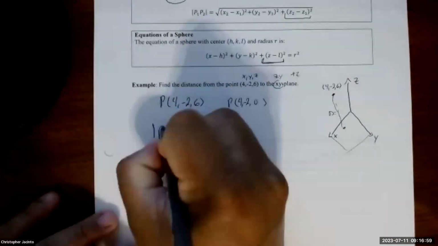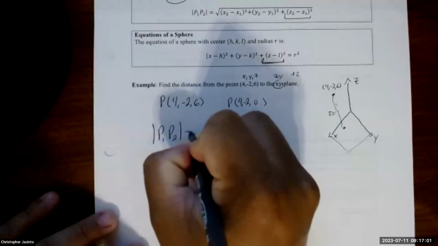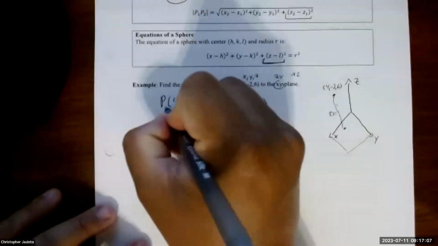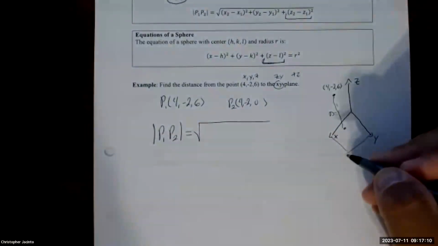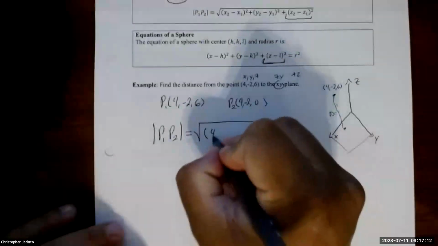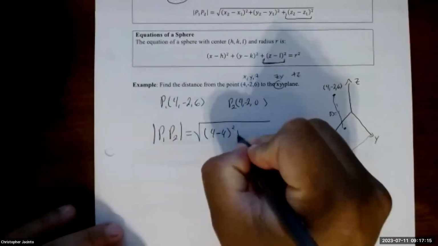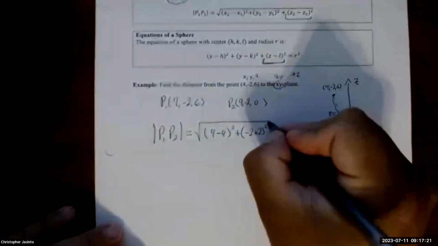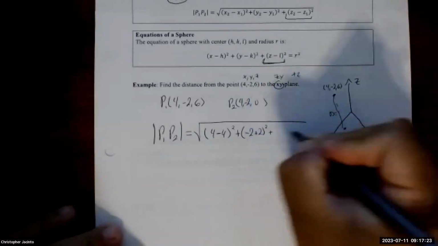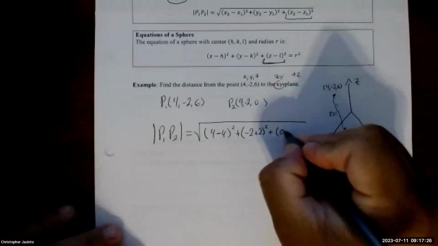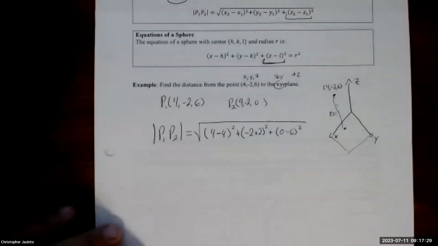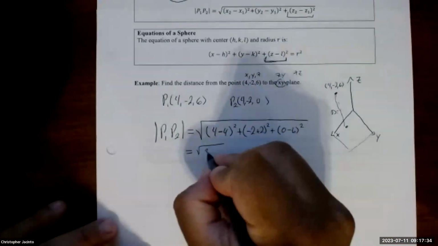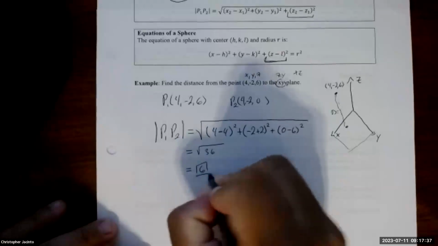So the distance between P1 and P2, I'll call this 1 and then 2: 4 minus 4 squared plus -2 plus 2 squared, and then plus the z's, so 0 minus 6 squared. So notice everything pretty much cancels except for the last one. So you get 36. So the distance is 6.